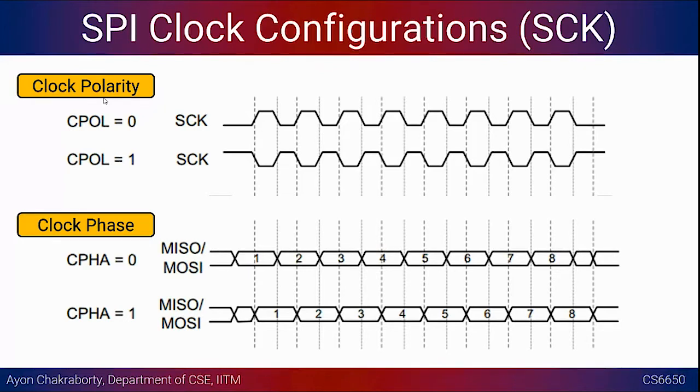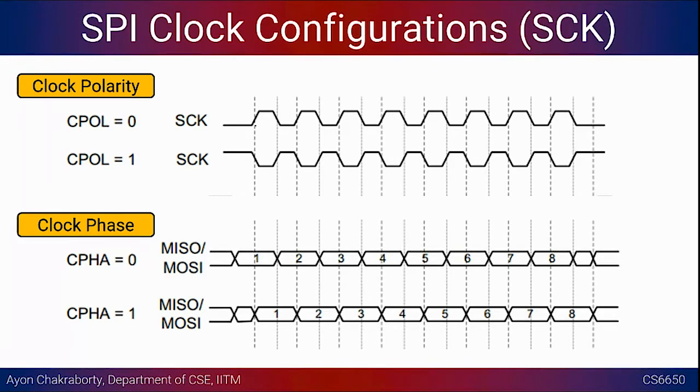In this protocol, there are two things that have to be kept in mind for configuring the clock, and they are known as clock phase and clock polarity. So this is very specific to the SPI protocol. This is not fundamental, it will not be required for all kinds of other protocols, but just for the sake of completeness I want to mention this.